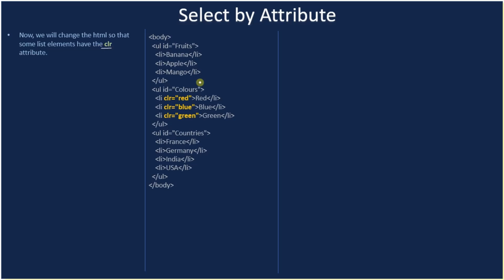This is our HTML, and in it we are just adding some attributes. So we added a custom attribute, CLR red, CLR blue, CLR green. This will help us learn attribute-based selection in this video.